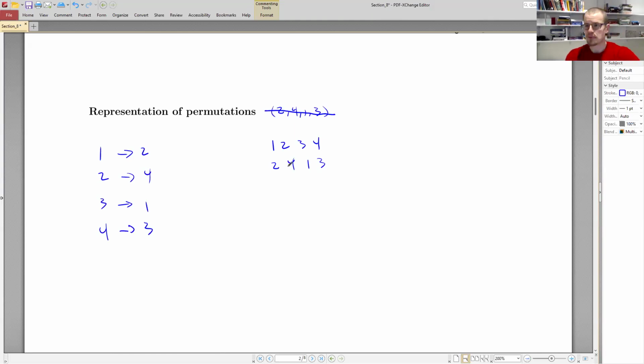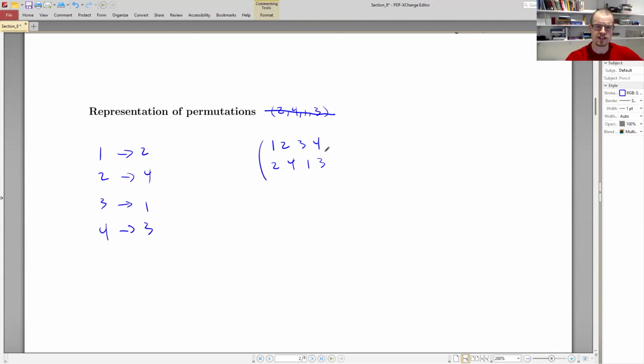Now you want to be careful about spacing, because sometimes you'll end up with 2-digit numbers when we get to large enough sets here that we're talking about. And if you end up with 2-digit numbers, then you want to make sure that the spacing is appropriate so you can recognize 1 and 2 versus the number 12. Okay, so just be cautious there.